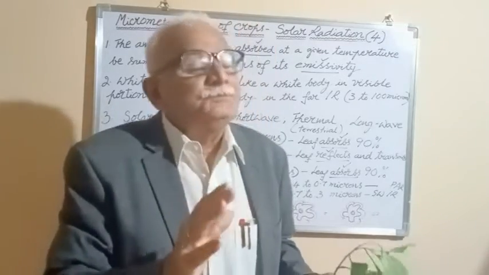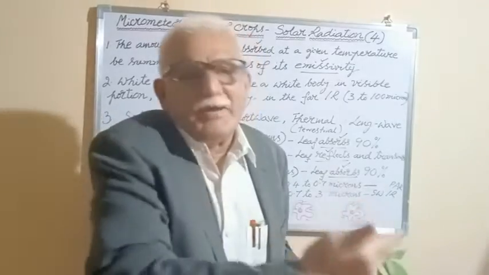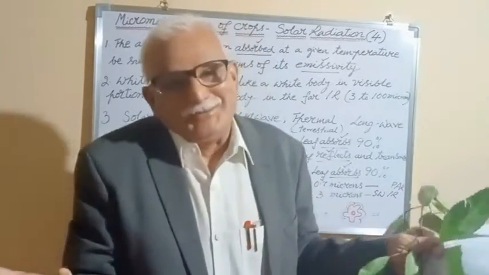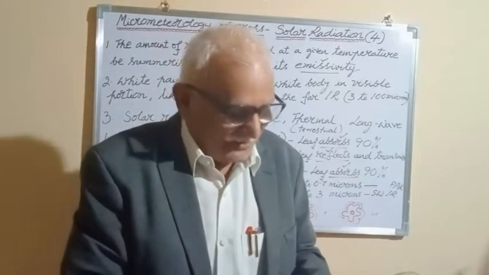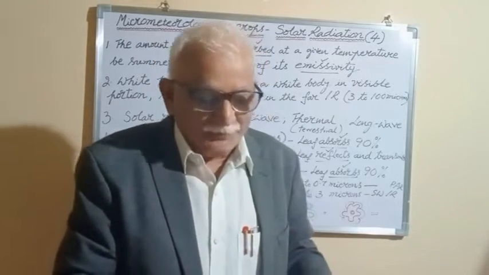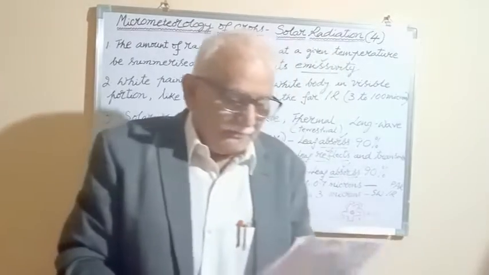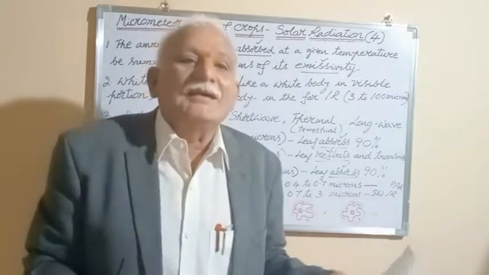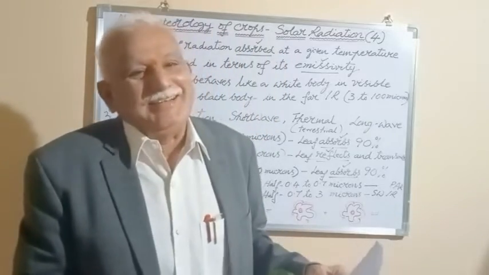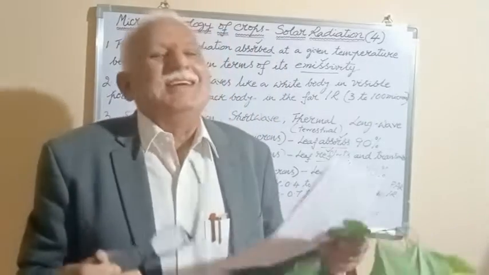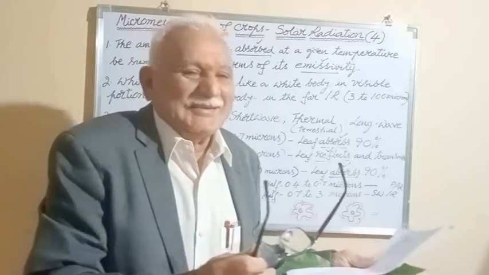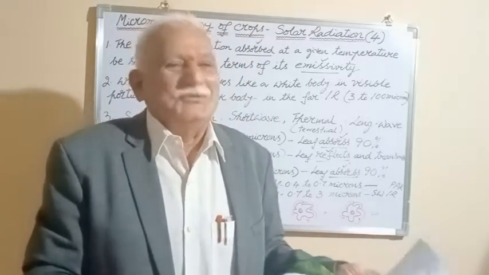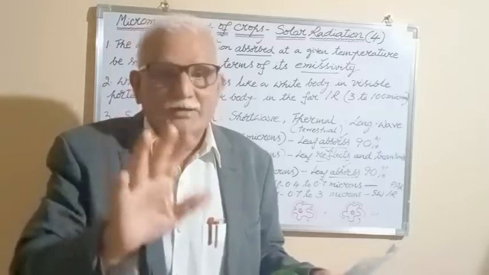That means the same white paint behaves in two ways. It follows Kirchhoff's law. Now, another important thing is a perfect black body. A perfect black body is a perfect absorber and a perfect radiator; you can say perfect emitter. In other words, Kirchhoff's law we can apply here in agrometeorology.